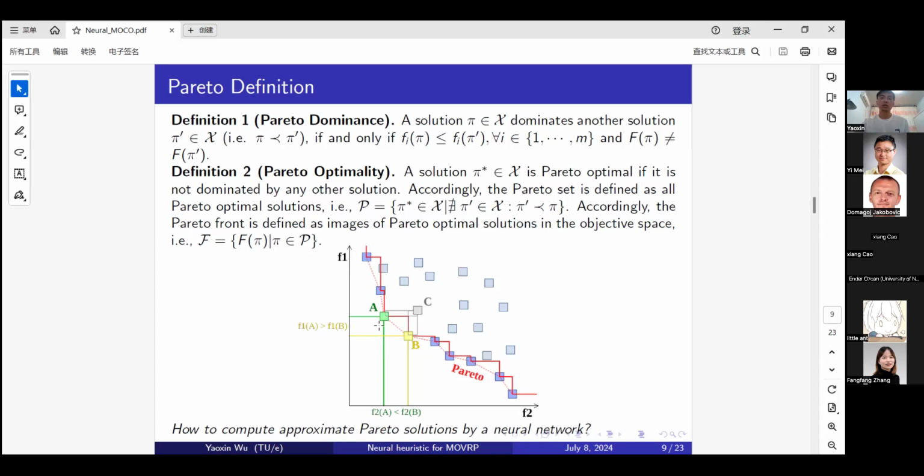We can see that solution A cannot be dominated by any other solutions. The solution B is better than A for objective 1, but B is worse than A for objective 2. So there is no solution which is better than A for every objective function. In this case, we call solution A Pareto optimal.